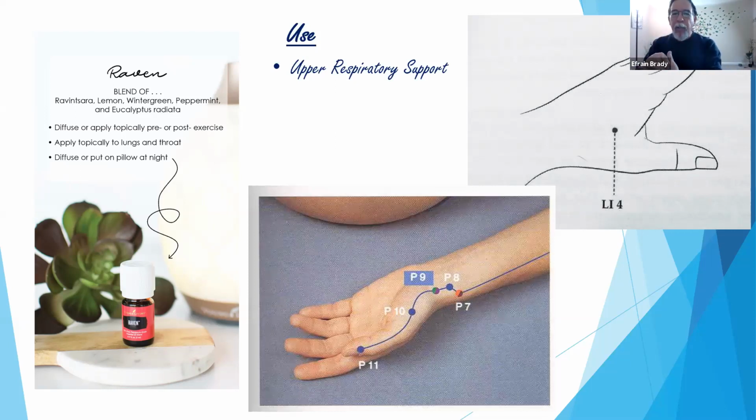So it's excellent for the upper respiratory, and they say that they work on all the openings of our face. I mean, mouth, nose, eyes, and ears. So that's another one that works perfect with Raven. Wonderful. Isn't it great that we can even support our throat health? That's fantastic.